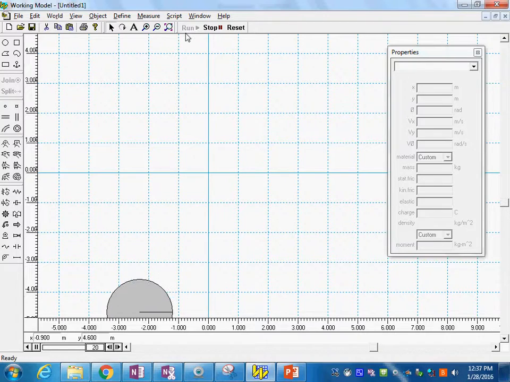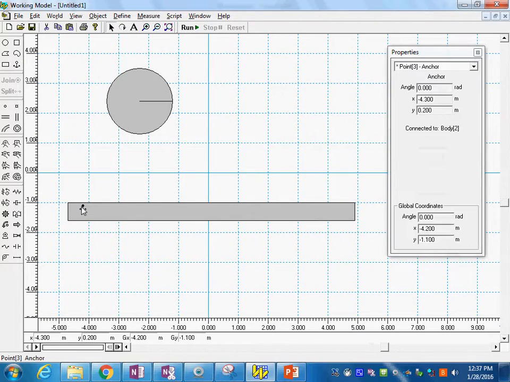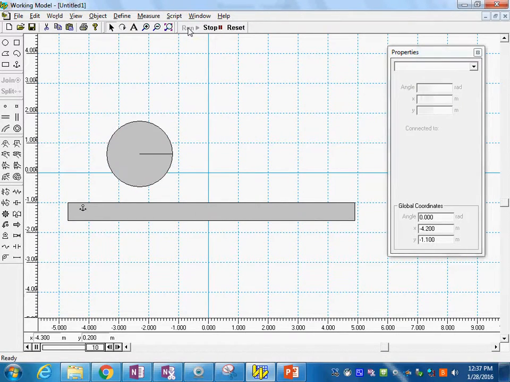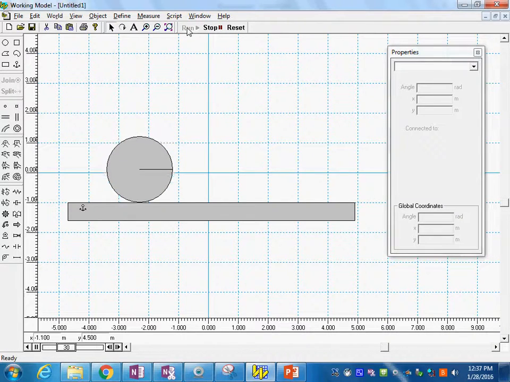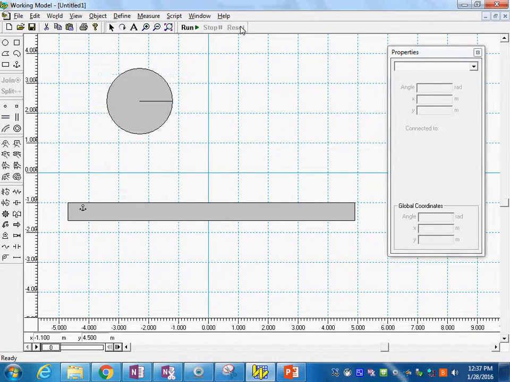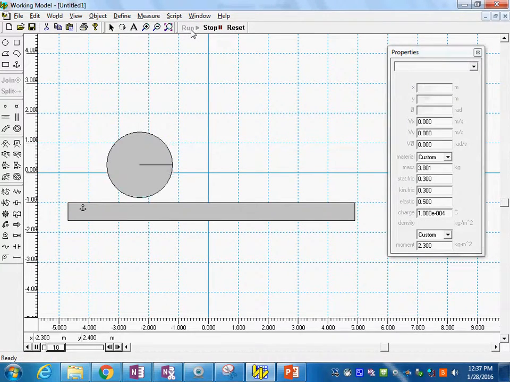Run, both of them fall at the same time. Not a good idea. So we are going to fix this one, and this is going to fall on it. But you see, this is what you would normally expect to see.